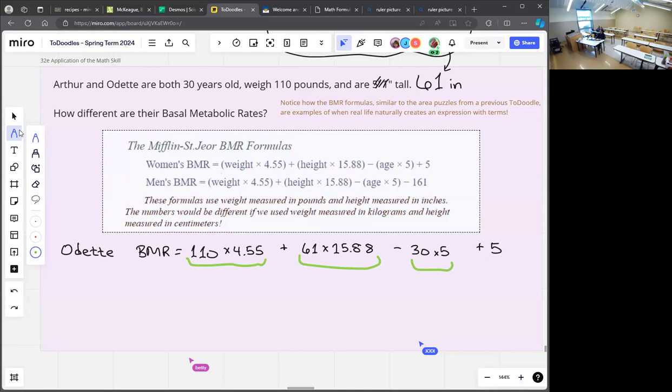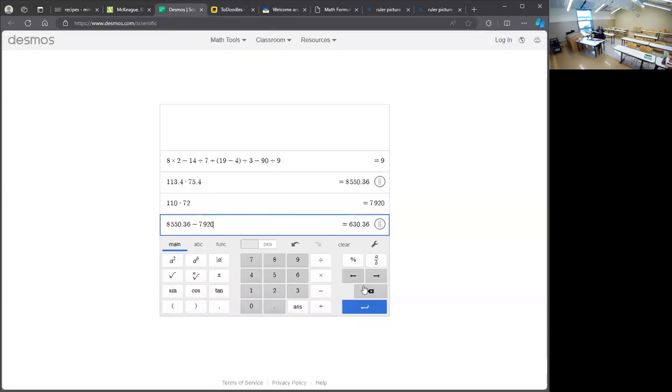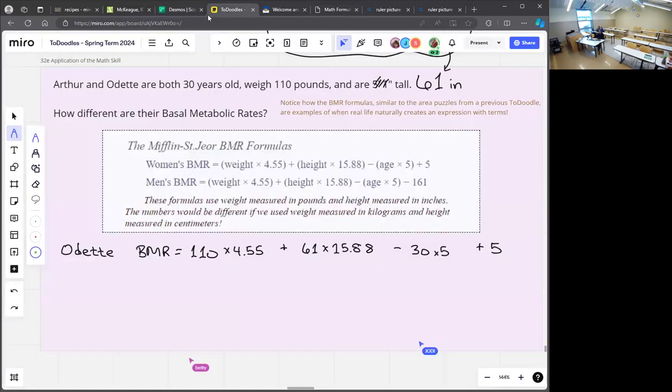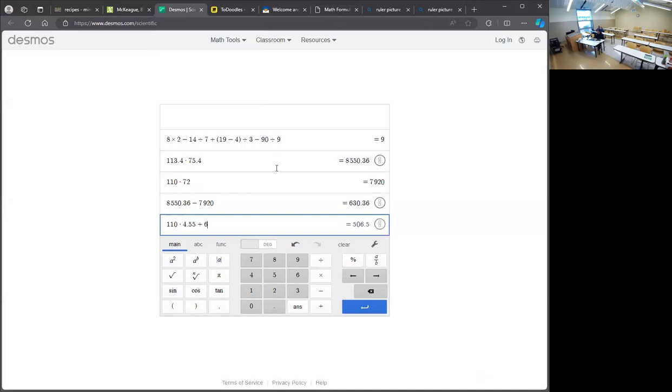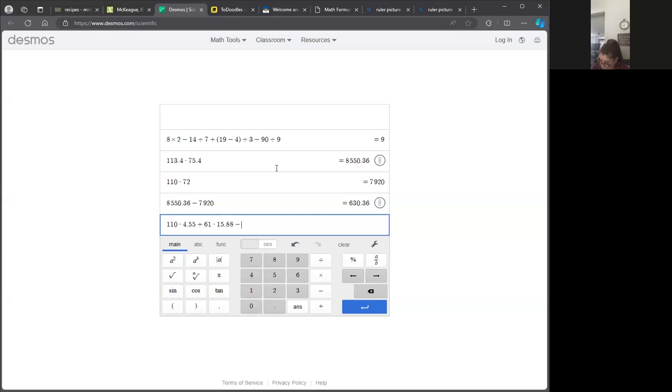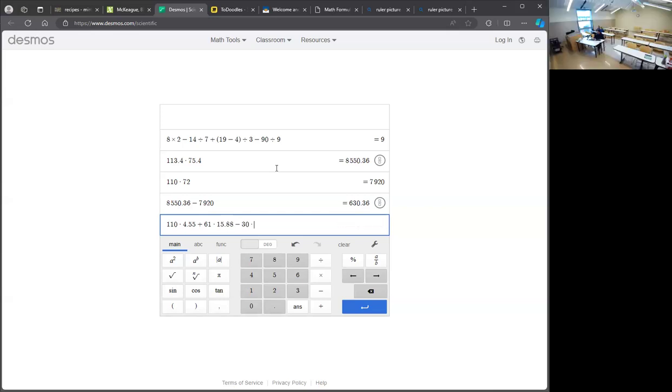And I'm not actually going to write these 4 terms separately. We've done that a bunch today. I'm just going to go to the calculator and type that all out. So 110 times 4.55 plus 61 times 15.88 minus 30 times 5 plus the plus 5.